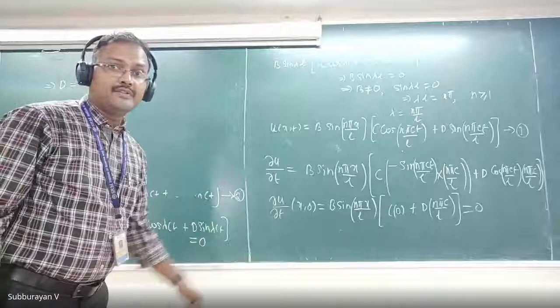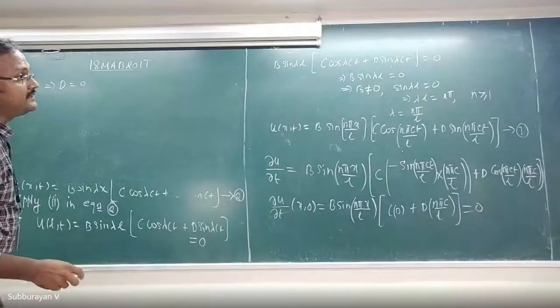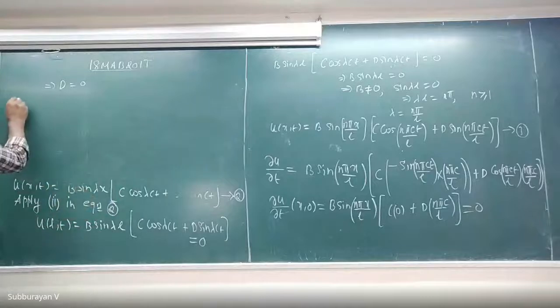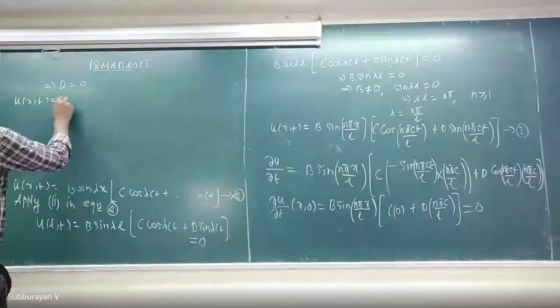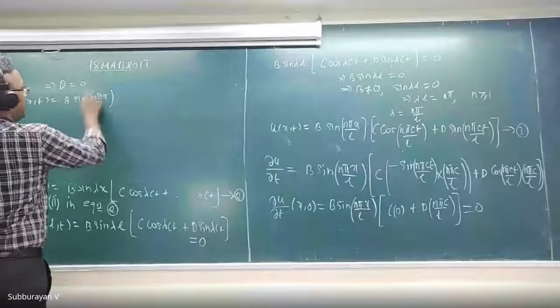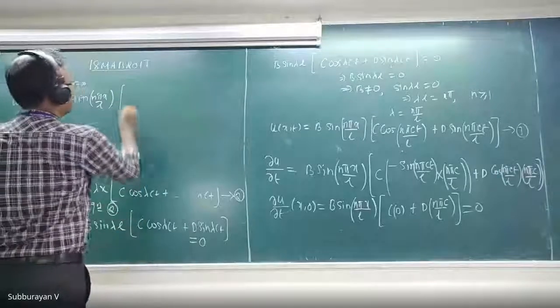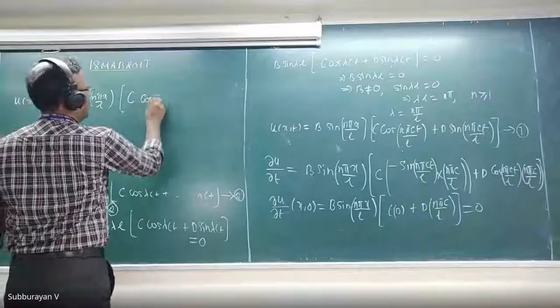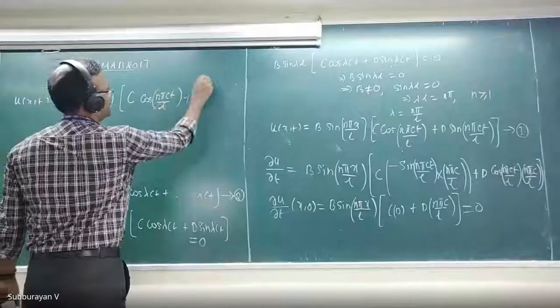Okay, we reduce further. If t equal to 0, then equation 3 reduces to u of x comma t, which is equal to b sin n pi x by L into c cos n pi c t divided by L plus 0, because already t is 0.